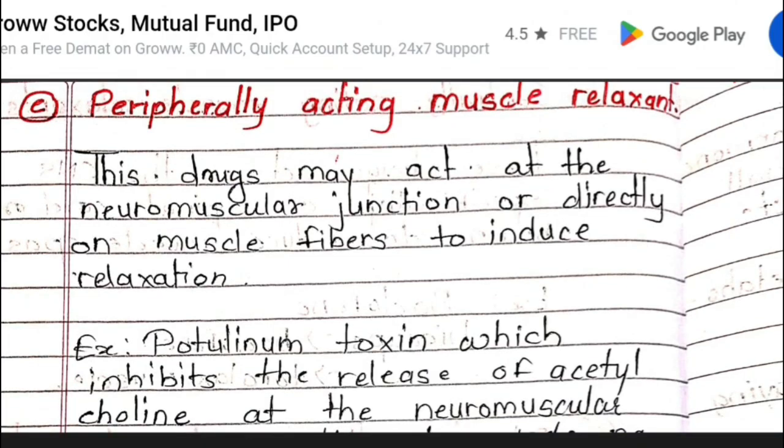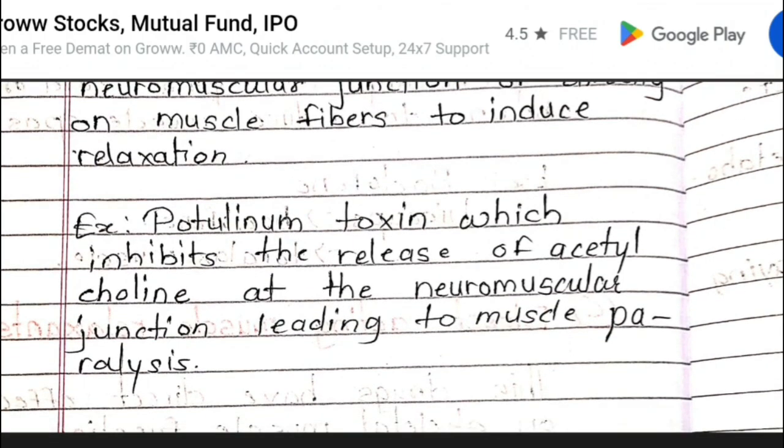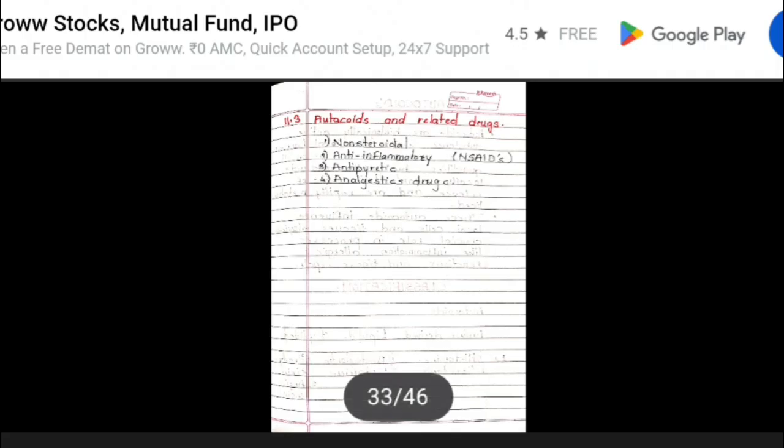These drugs may act at the neuromuscular junction or directly on the muscle fibers to induce relaxation. For example, botulinum toxin, which inhibits the release of acetylcholine at the neuromuscular junction, leading to muscle paralysis.